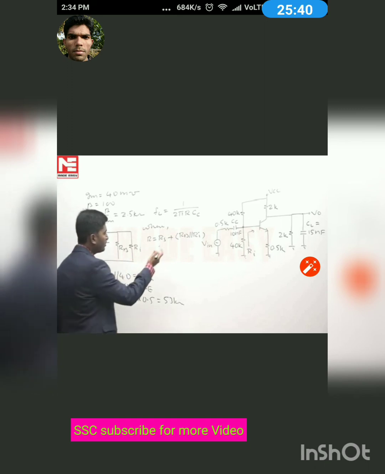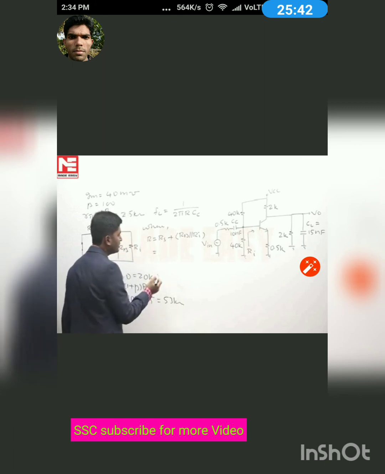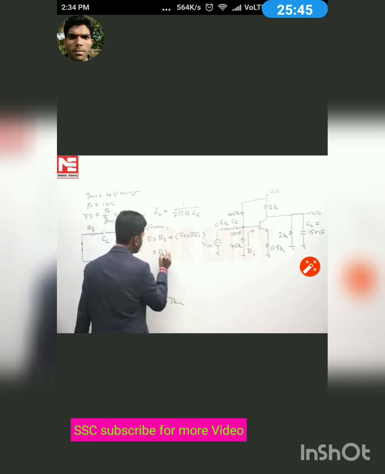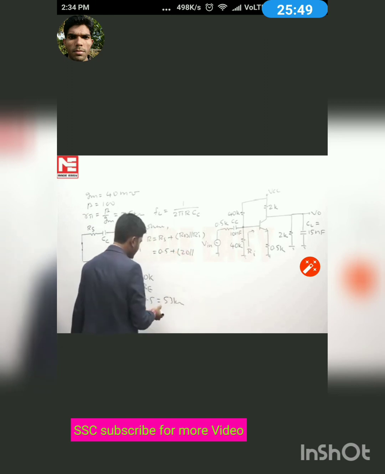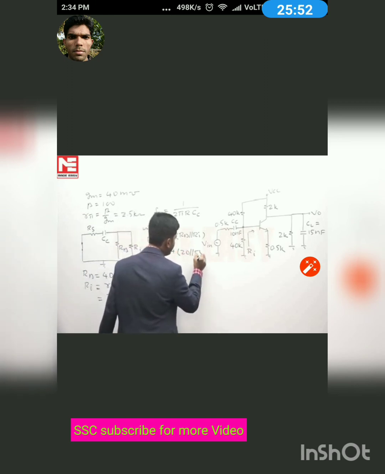This can be calculated by putting in all the values: Rs is 0.5k plus Rb 20k in parallel with the input resistance Ri 53k.